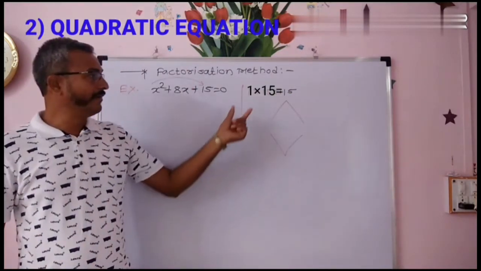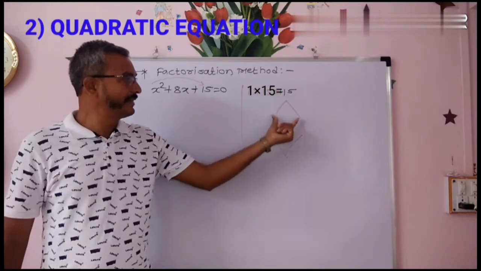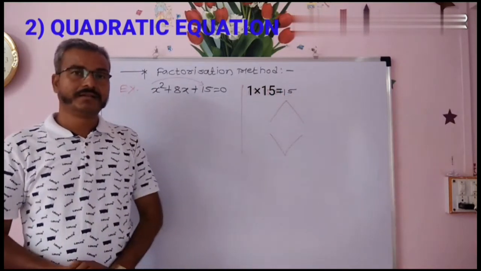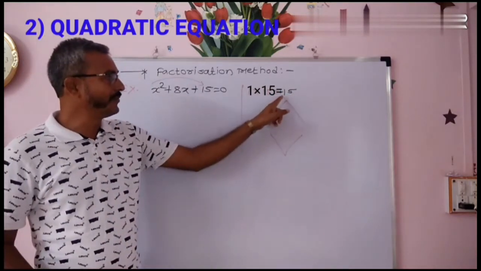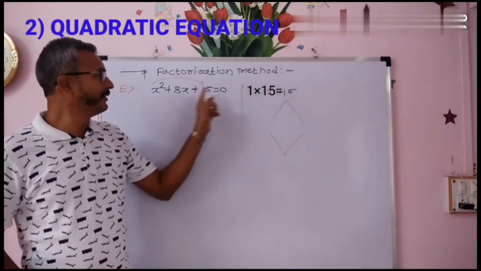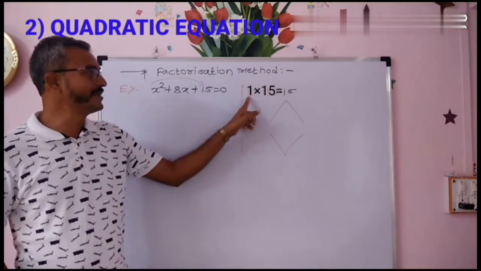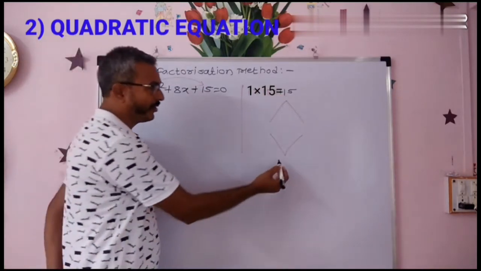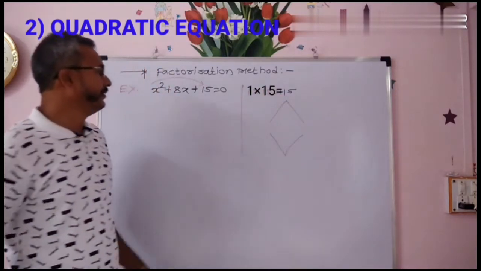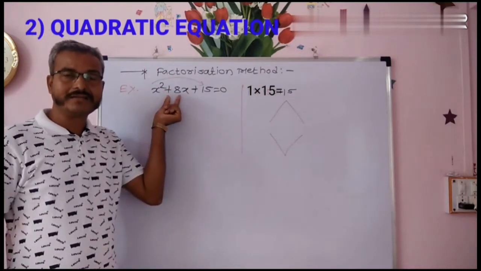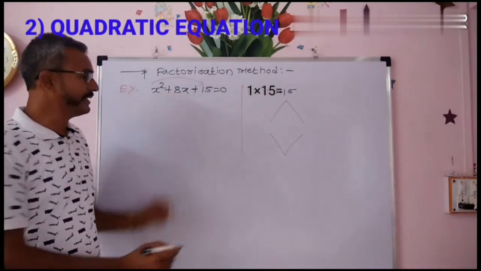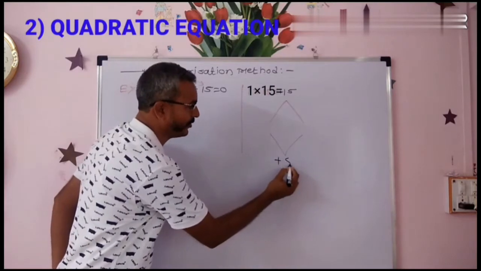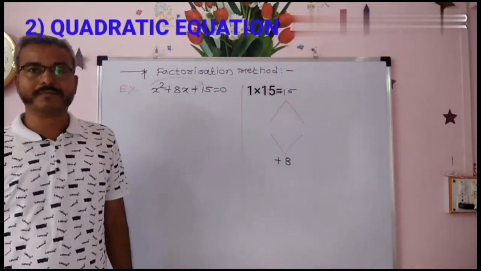Now we have to make this type of kite. At the top of the kite, we write the multiplication of the first coefficient and the last constant term. And at the bottom, we write the coefficient of the middle term, that is the linear term. Here plus 8 is the coefficient of the middle term.